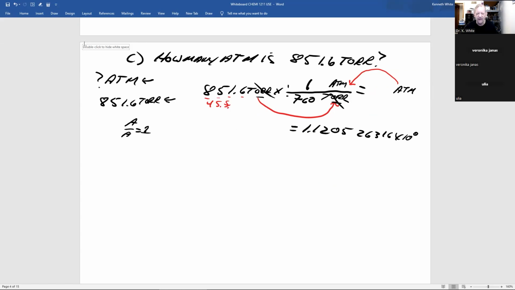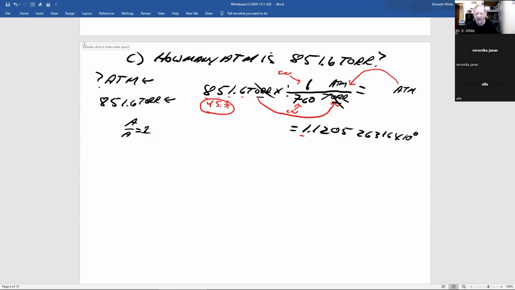Now, this is important. The 1 is an exact number. The 760 is an exact number. Therefore, the only number you use to determine how many significant figures for this calculation is 4 significant figures.